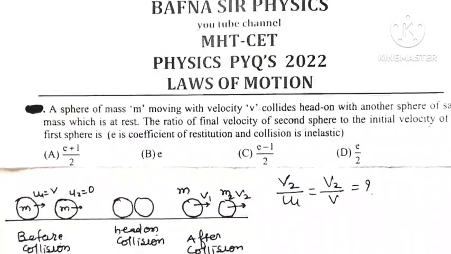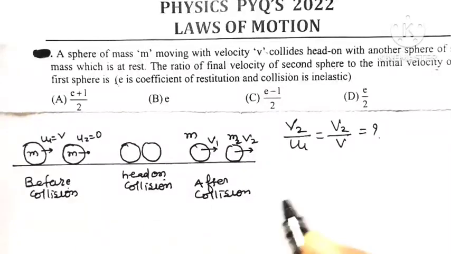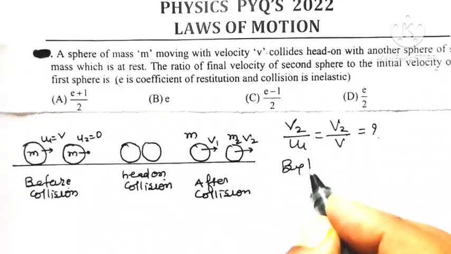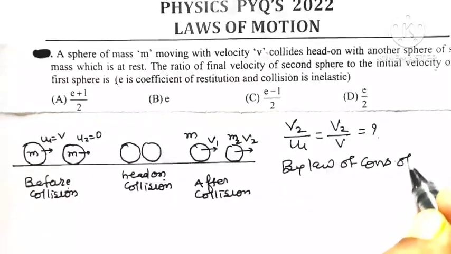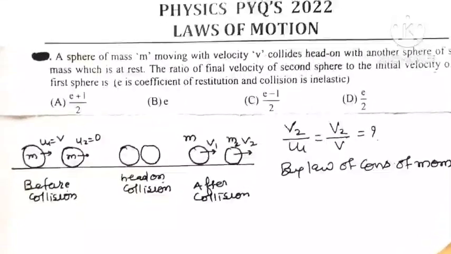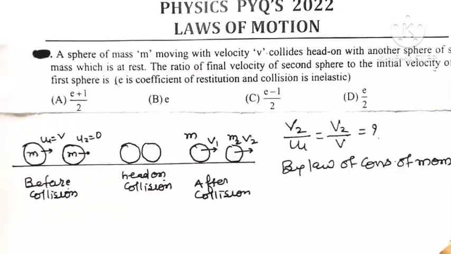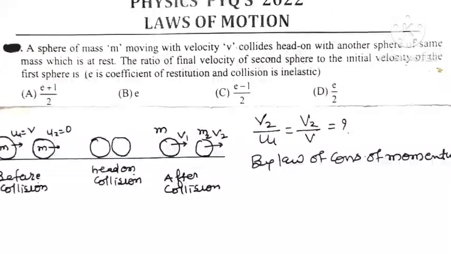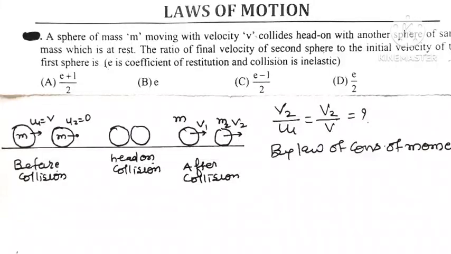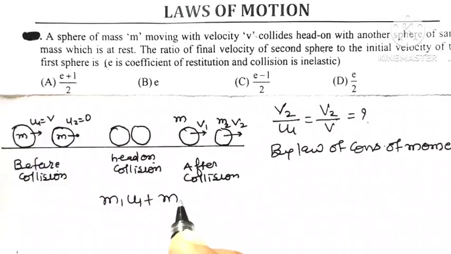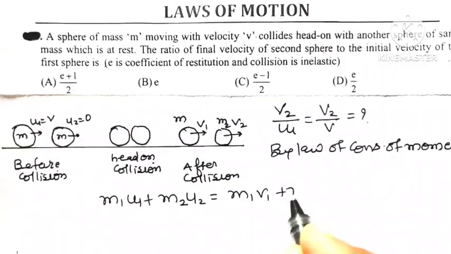Now according to the law of conservation of momentum, the total momentum of the system before collision is equal to the momentum of the system after collision. So before collision, m1 u1 plus m2 u2 is equal to m1 v1 plus m2 v2.